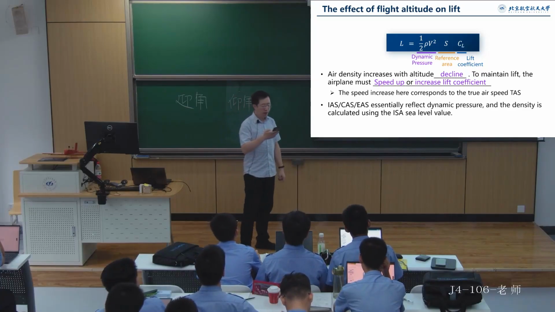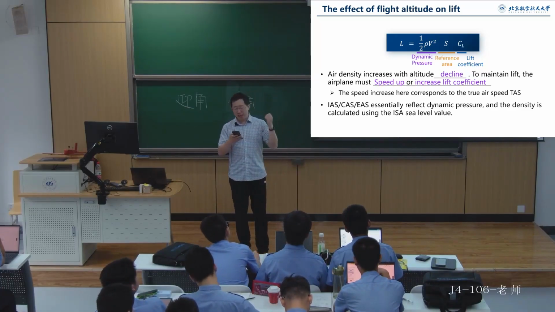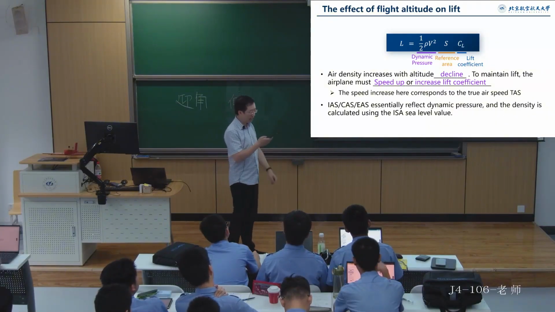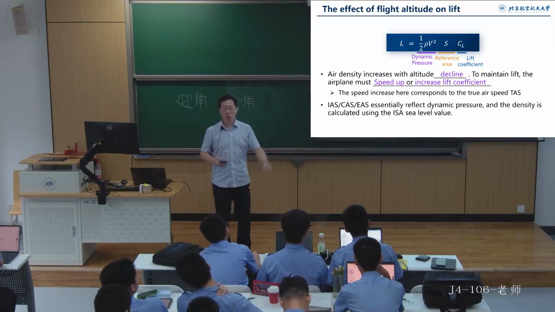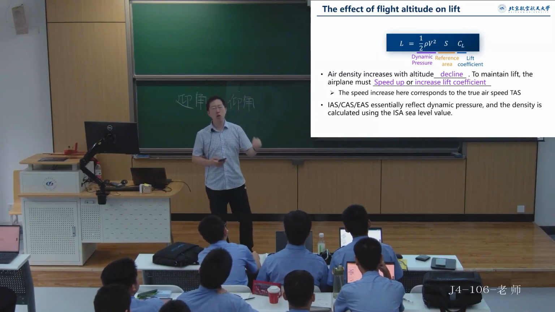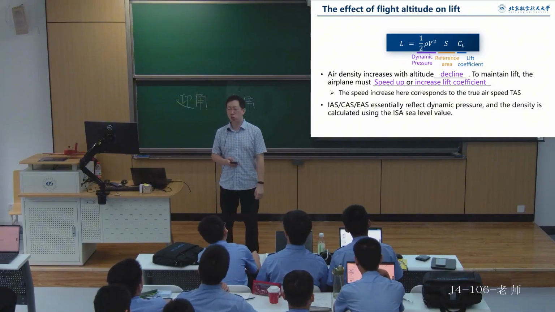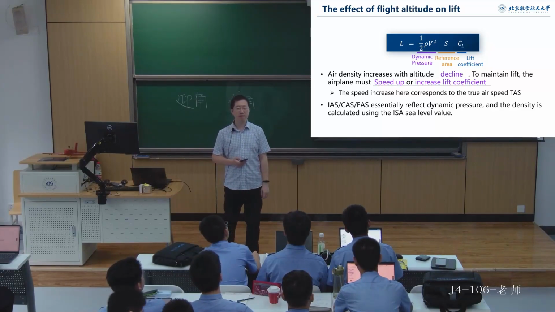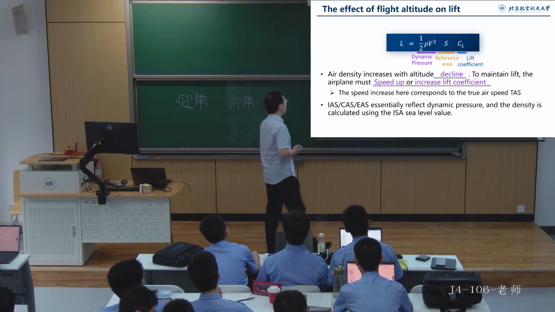All right, let me ask you, if during the process of the aircraft climbing, we ignore the impact of measurement errors, if my aircraft maintains a constant lift during the climb, then how should the indicated airspeed be during the climb? Let me repeat.